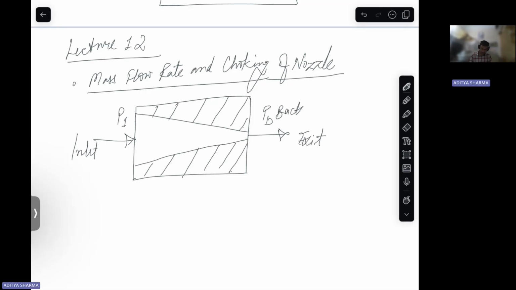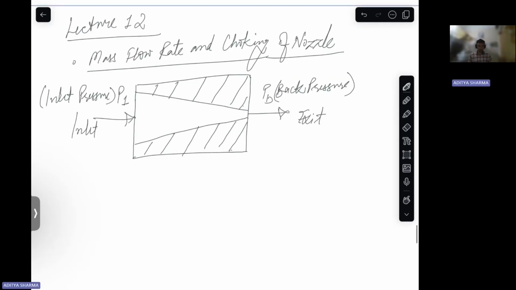This is basically your back pressure. P1 is your inlet pressure. We have discussed the critical pressure ratio, that is 2 by gamma plus 1 raised to the power gamma by gamma minus 1.